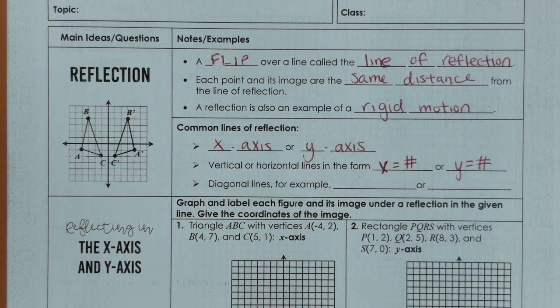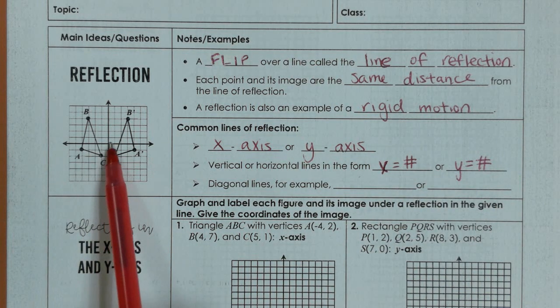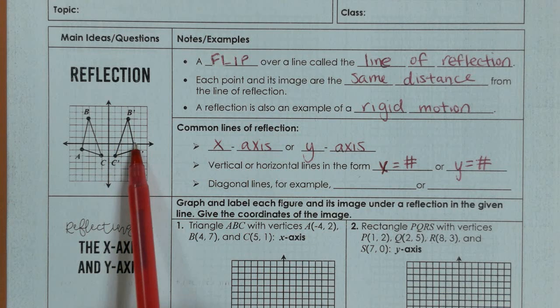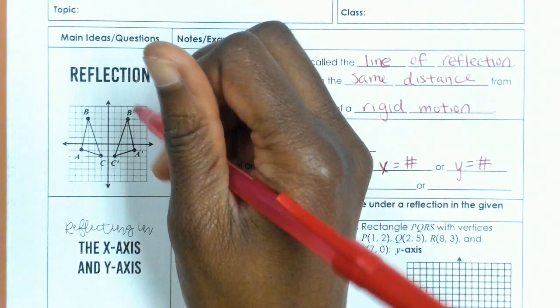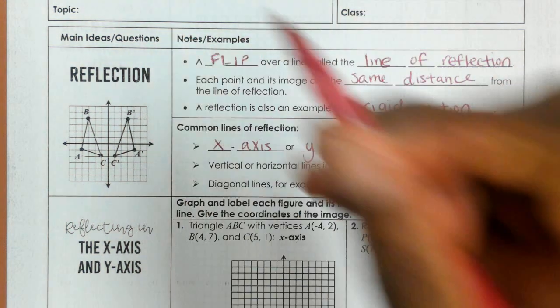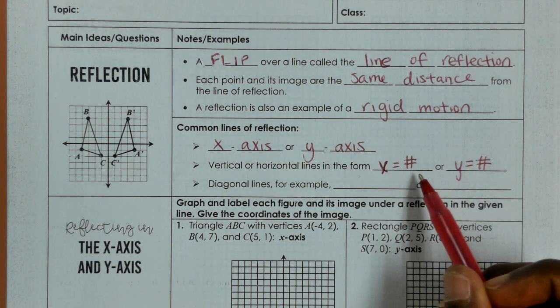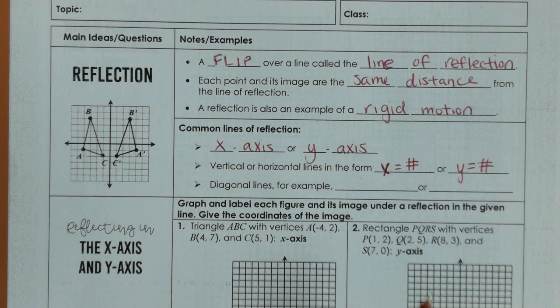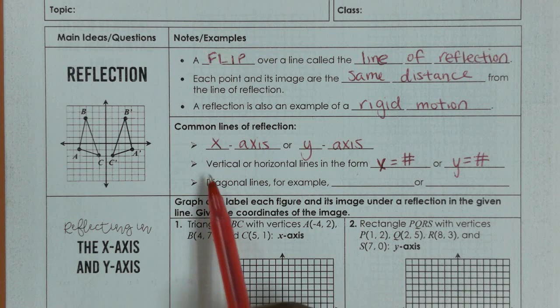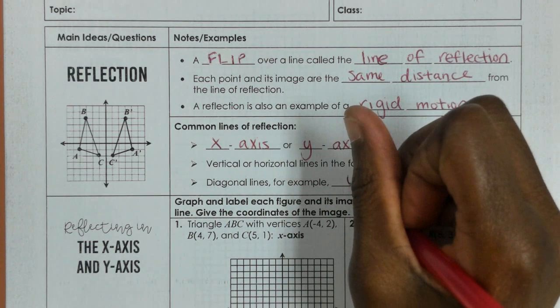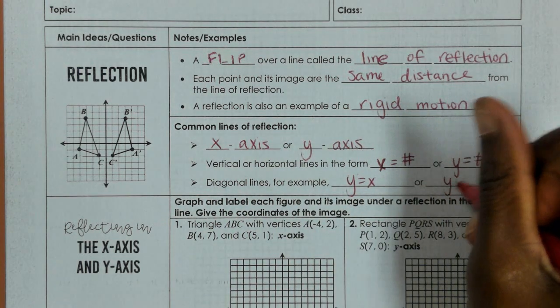So recall our x equals a numbers, you would go to that number on the x-axis, so maybe x equals 4, might be here, and then I would draw a vertical line through 4, and I can flip it across that. So I'll show an example of that in the examples below. Or we can flip it across the diagonal lines, so example y equals x or y equals negative x.